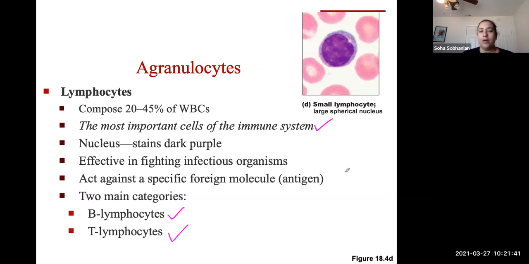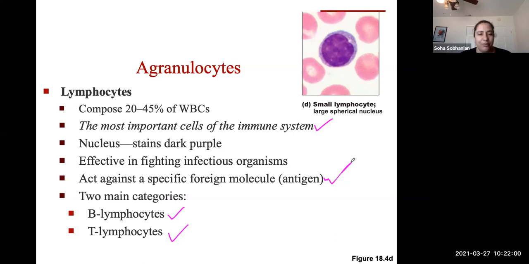They are going to fight against very specific foreign molecules, which are your antigens.